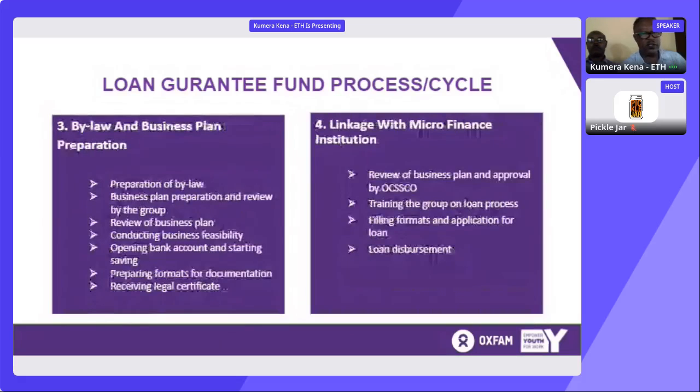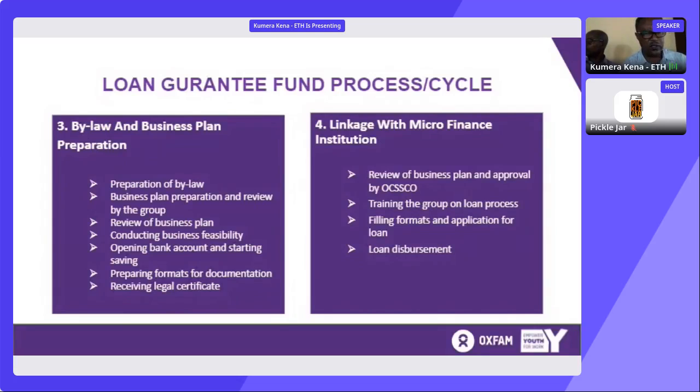The third component is bylaw and business plan preparation. In this component, we have around 7 major activities. The first one is preparation of the bylaw in collaboration with the youth themselves.